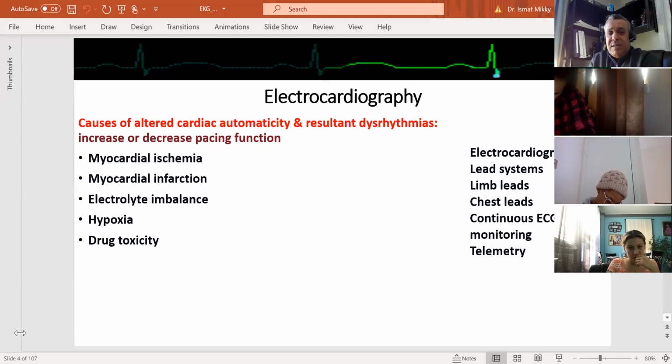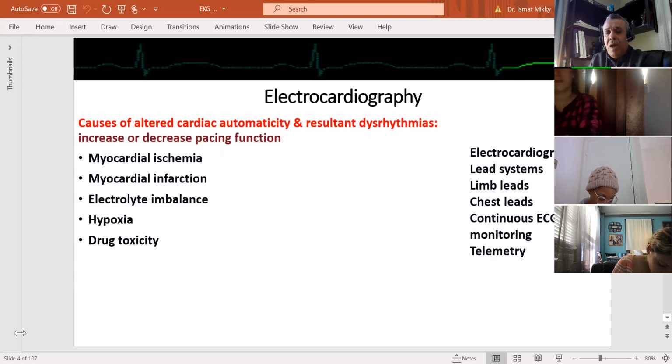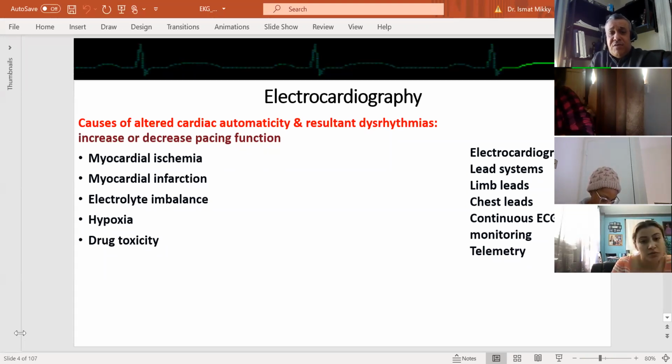Now, the etiologies, or causes, that may result in altered cardiac automaticity and dysrhythmias. Why do patients develop dysrhythmias? Because of one or more of these factors. Ischemia is one of them: a patient who has developed acute myocardial infarction, or patients diagnosed with angina, stable versus unstable angina, which results in stenosis of the coronary arteries, the arteries that supply blood and perfusion to the myocardium.